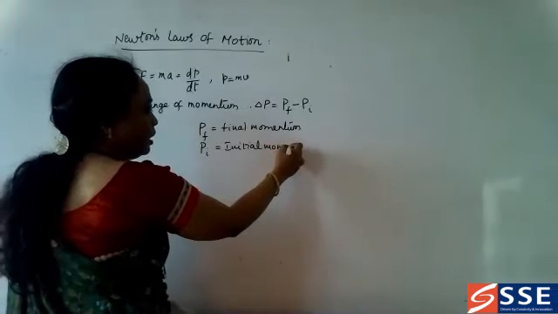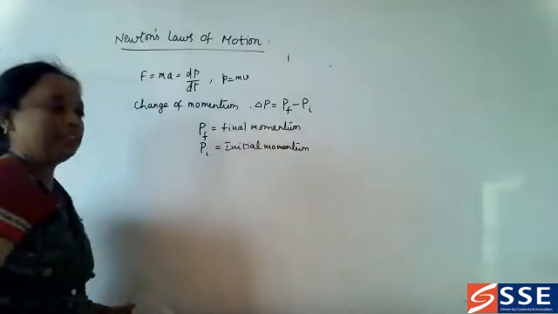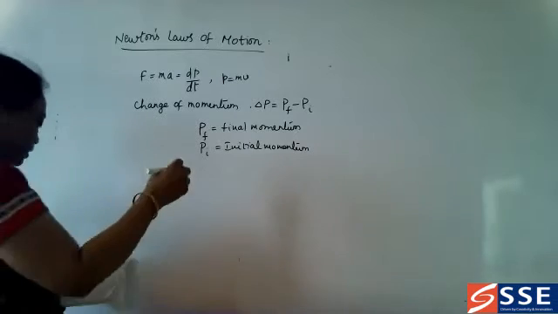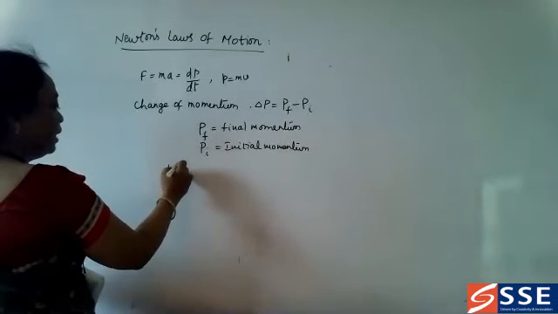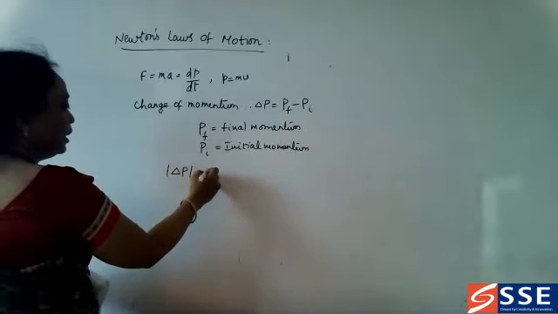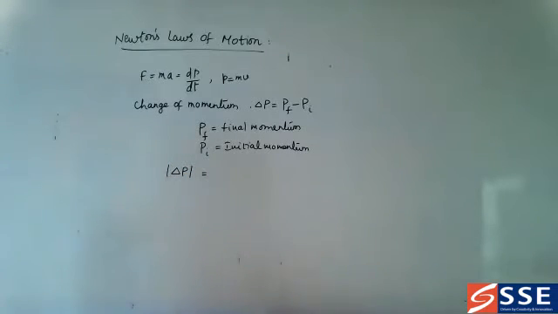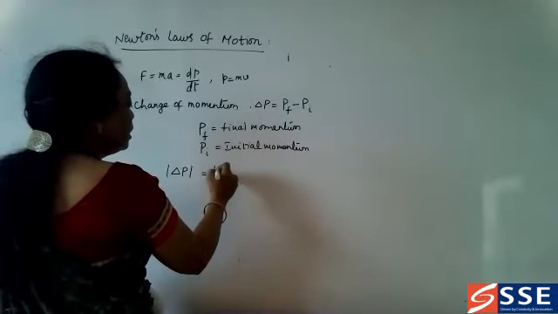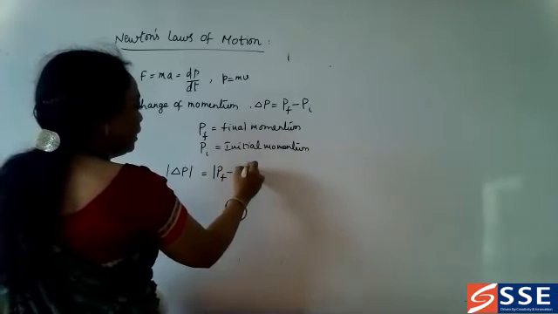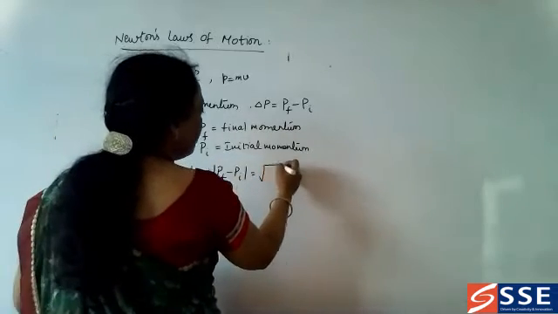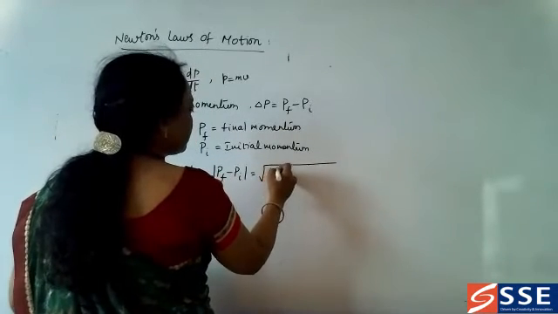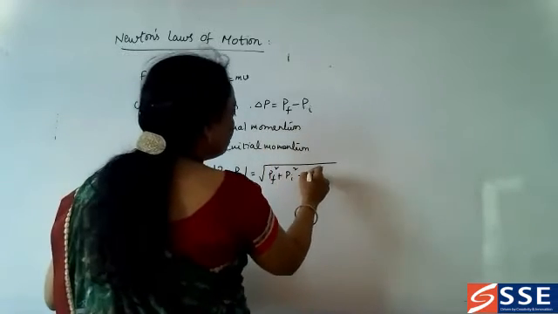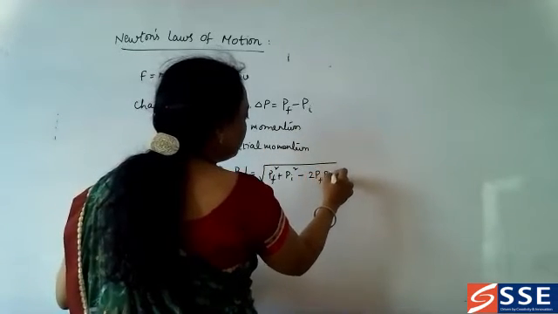These are some of the formulae we are discussing. After that, we will do problems concerning Newton's laws of motion. If you take the modulus of the change of momentum, how do you write it? The modulus of delta p equals the square root of pf squared plus pi squared minus 2 pf pi cos theta.